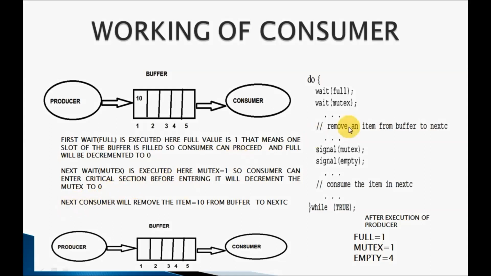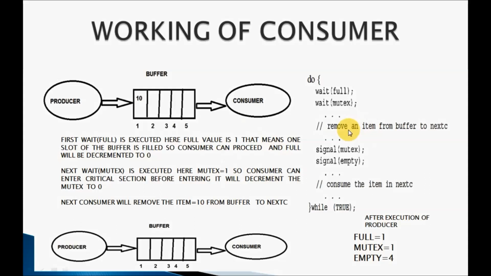So next, consumer will remove an item from the buffer. It will remove the item 10 from the buffer and store that in the variable next C. It is removing the item from the buffer. That is, your consumer is executing in its critical section because it has entered the critical section since mutex is 1.